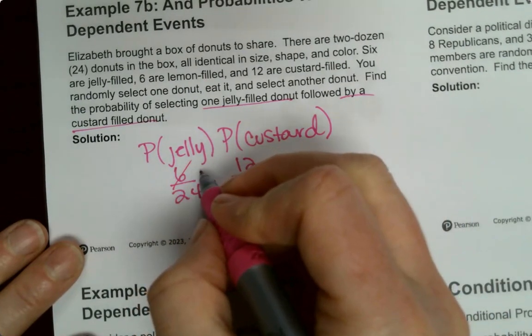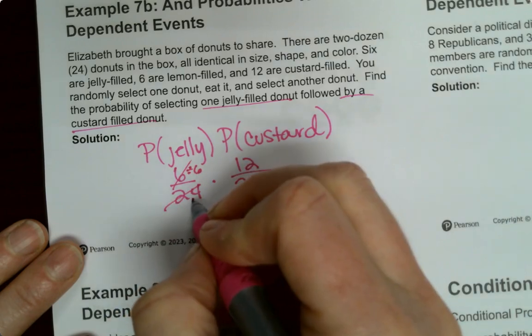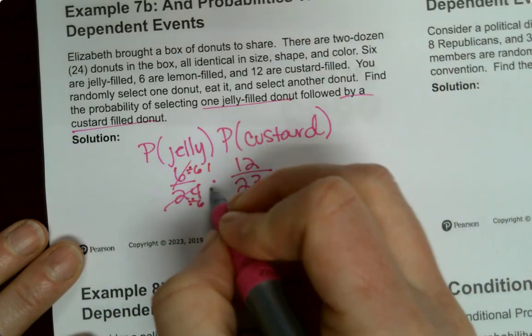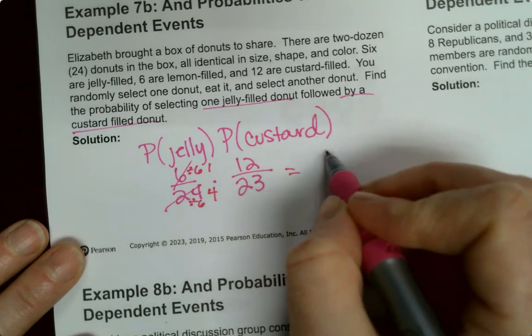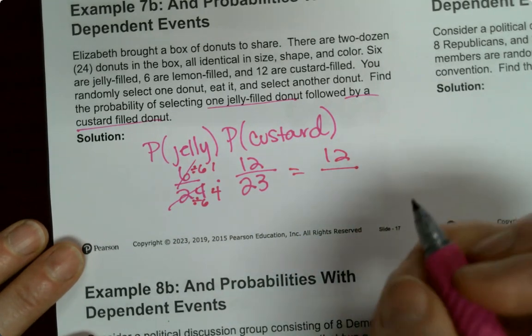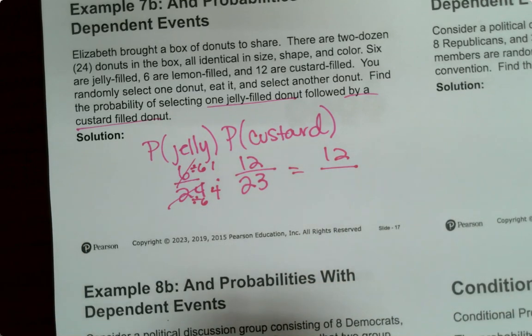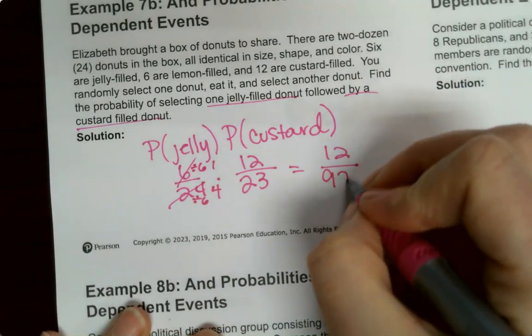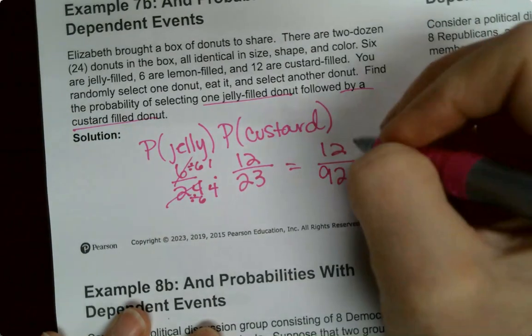So we'll go ahead and simplify. Divide by 6. Divide by 6. 1/4. Plus your across. 4 times 23. I think I just did that, didn't I? 92. Yeah. These are both evens, though.